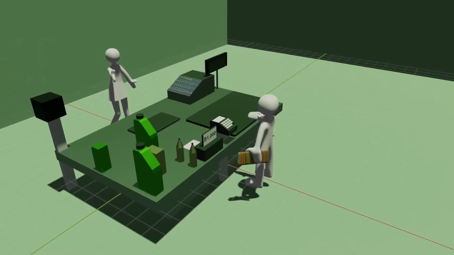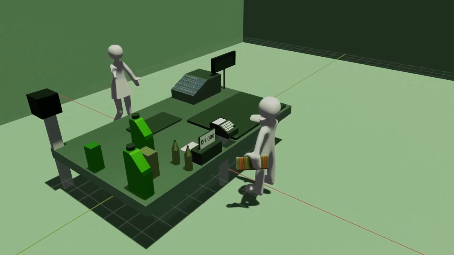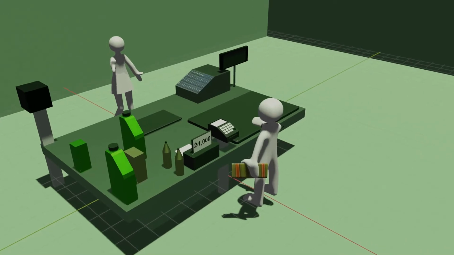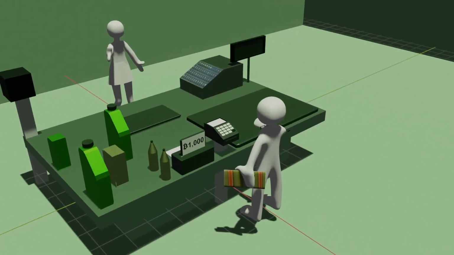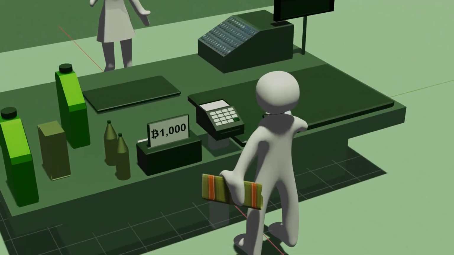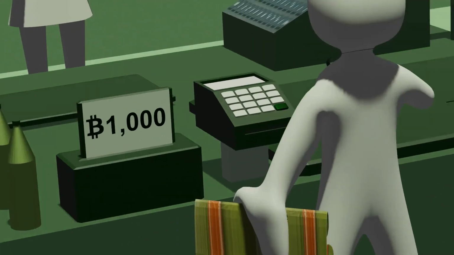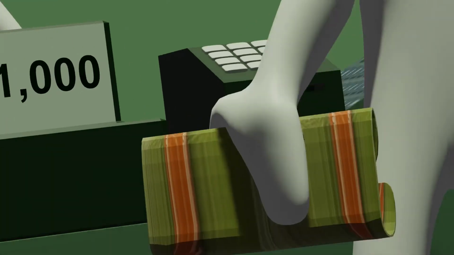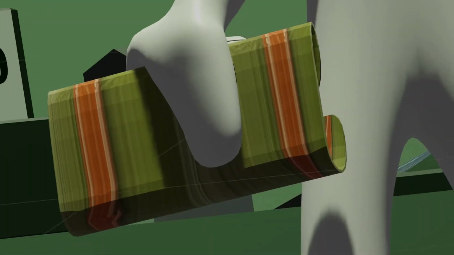To understand how Bitcoin works, let's imagine for a moment that Bitcoin transactions are processed manually. In this imaginary world, let's take the example of Toto.